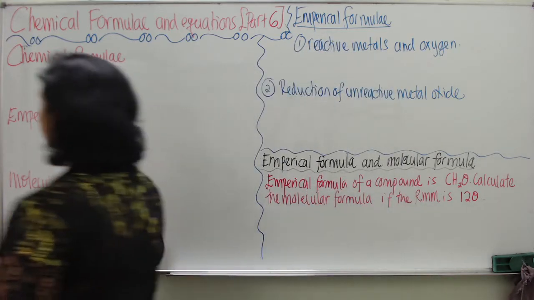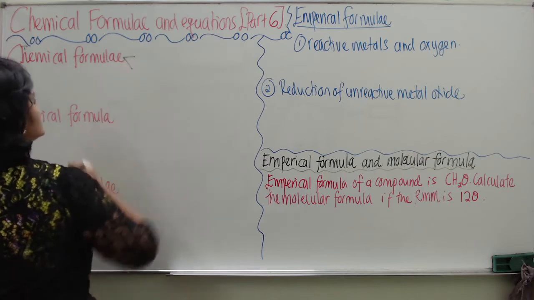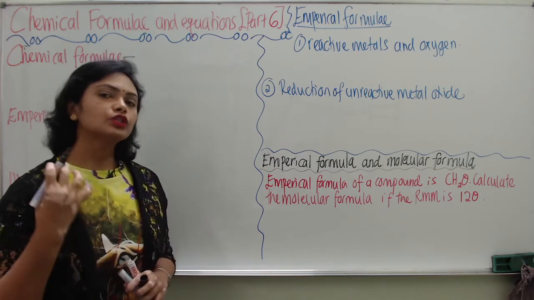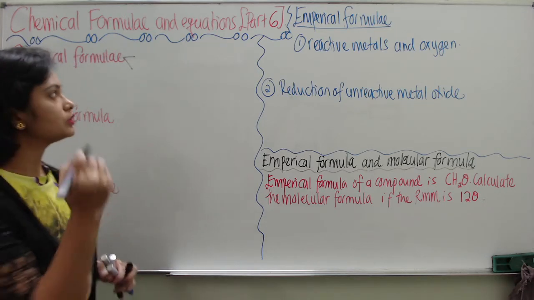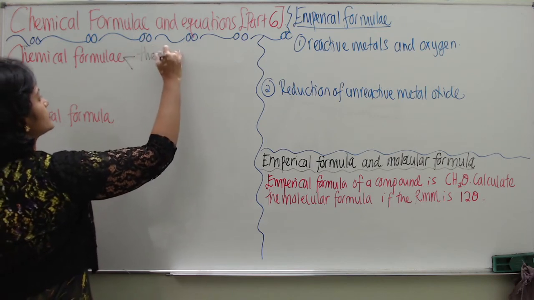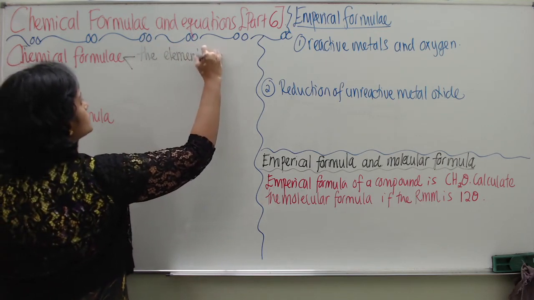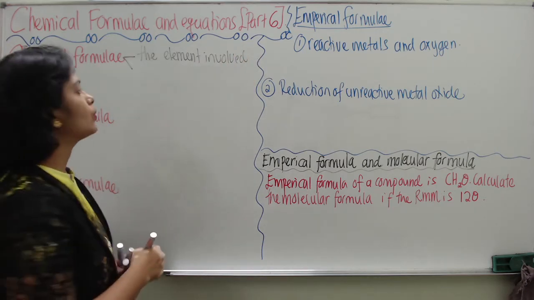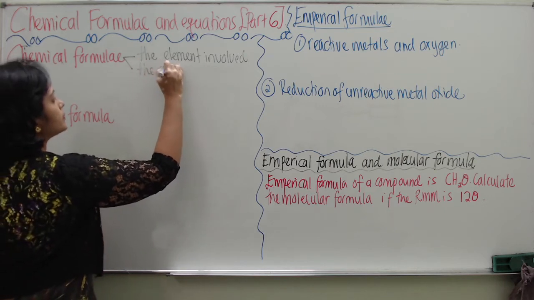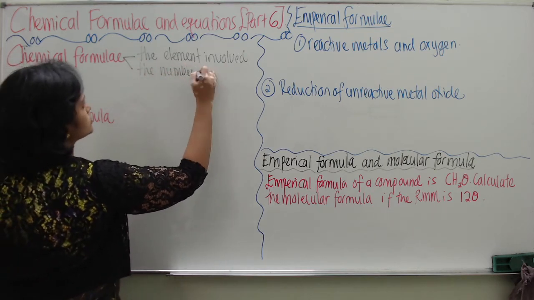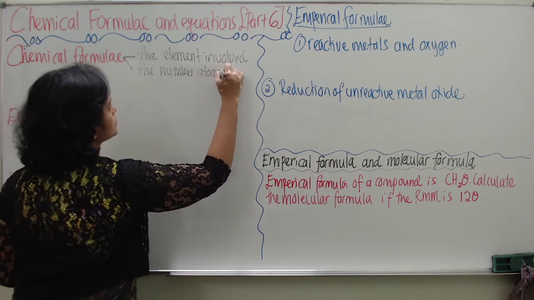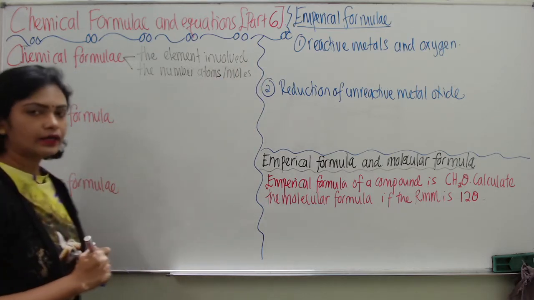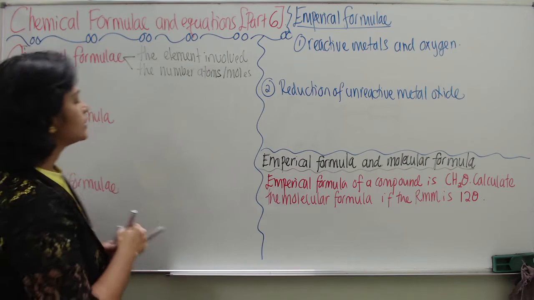A chemical formula of a substance, a compound, shows two important pieces of information: the elements involved, and also the number of moles of atoms involved.